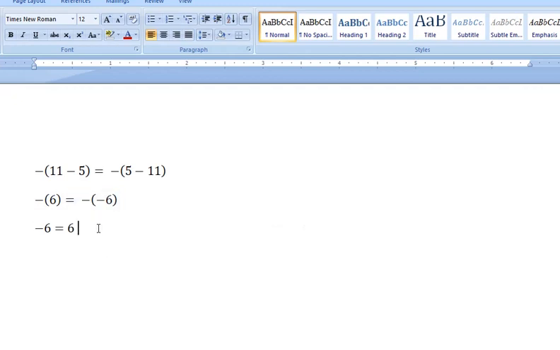The question is saying that the expression minus bracket 11 minus 5 equals minus bracket 5 minus 11, but you can see that minus 6 and positive 6 cannot be equal, isn't it? So it is false.